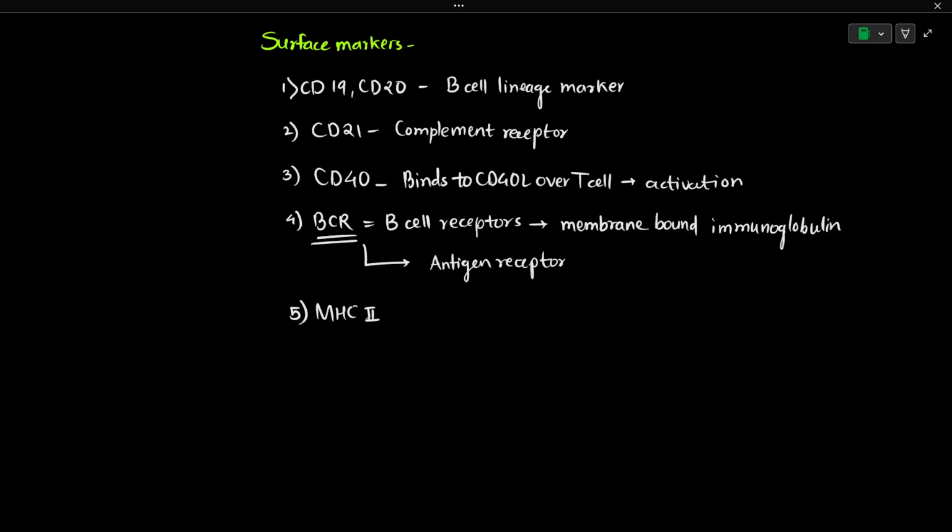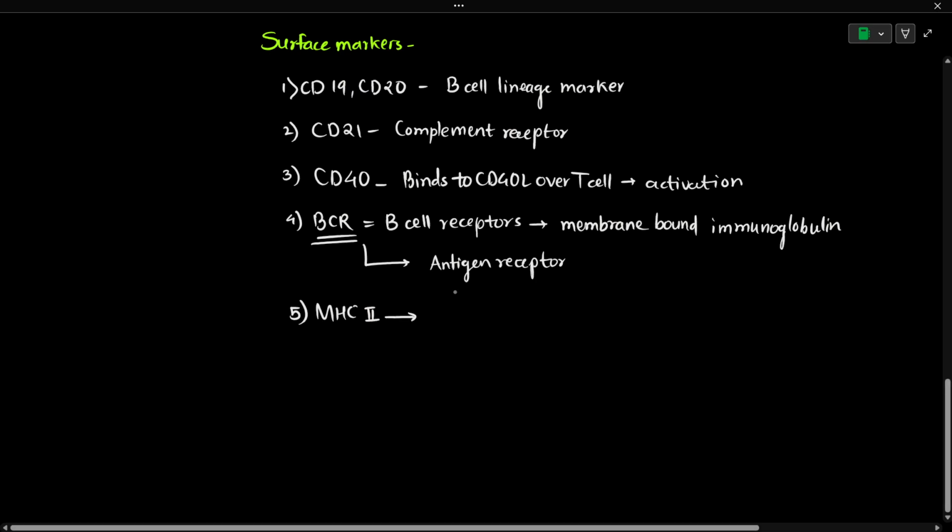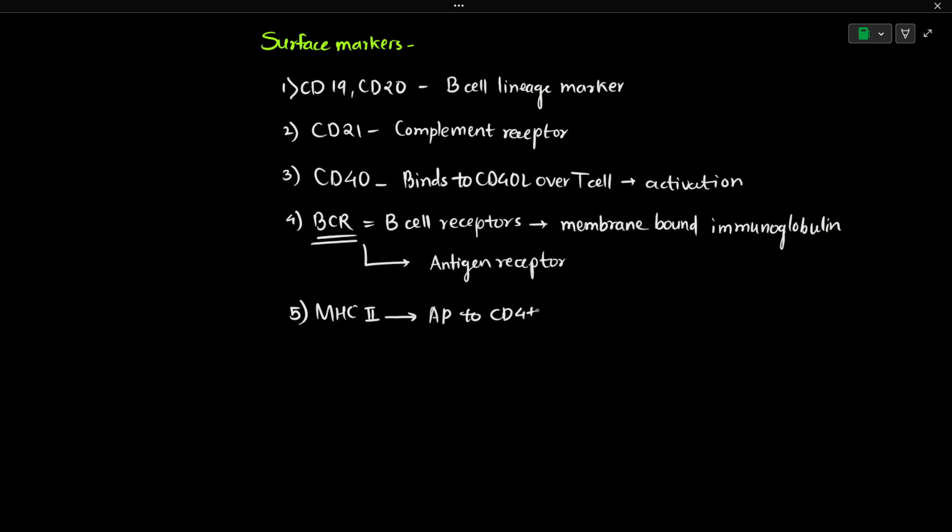So only RBCs do not possess MHC class 1 molecules. The rest of the cells of the body do have MHC class 1 molecules. Whereas MHC class 2 molecules are only present over the antigen presenting cells. So the MHC class 2 molecules present over the B cells are going to result in antigen presentation to the CD4 positive T cells, which are also T helper cells.